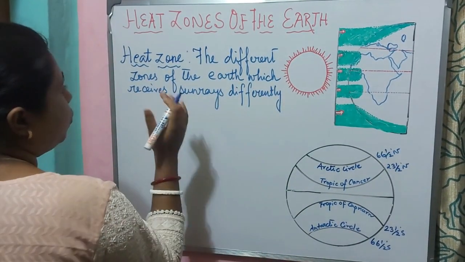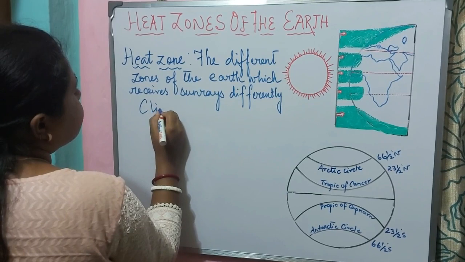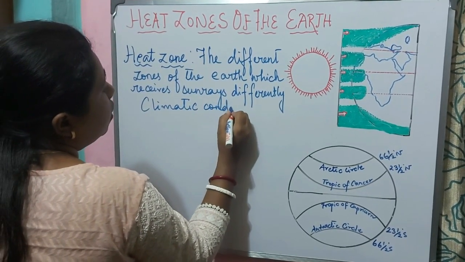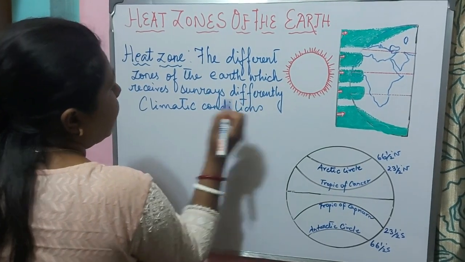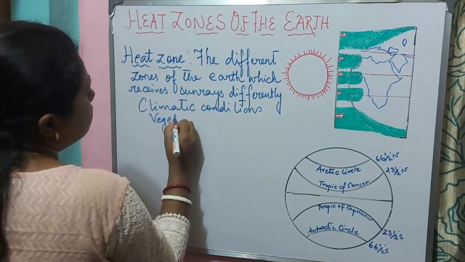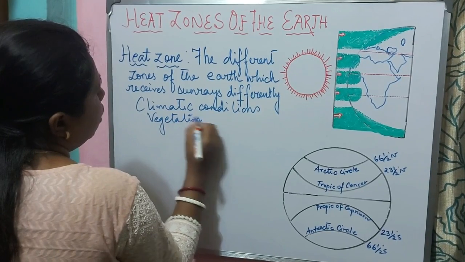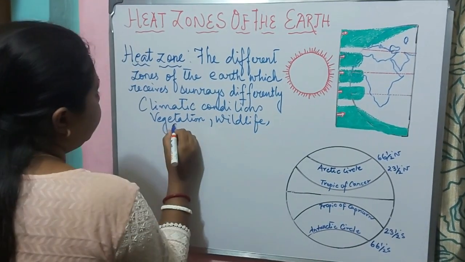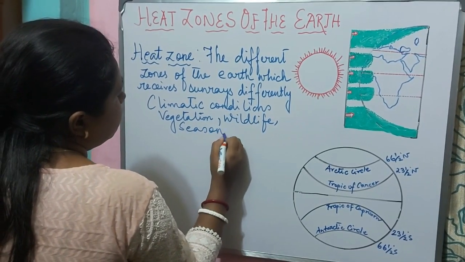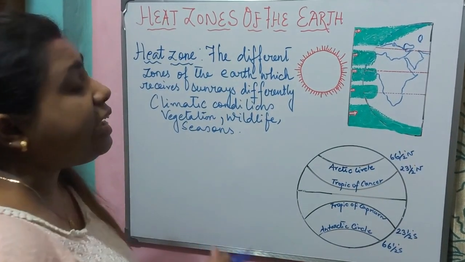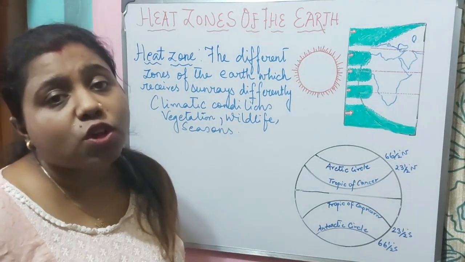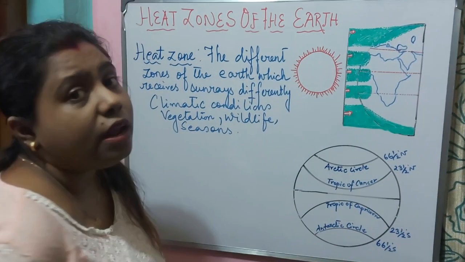That is why here we will see that the climatic condition, that means the type of climate, weather, types of vegetation, wildlife, there will be variation in seasons because of the heat zone. That is because of the amount of rays of the sun that is reaching a particular place.